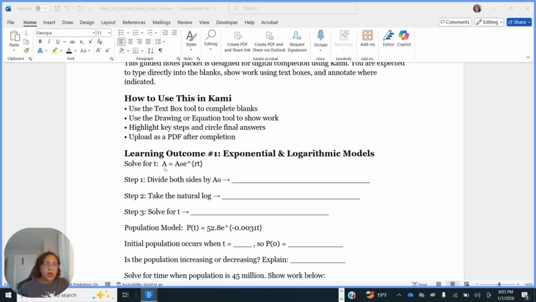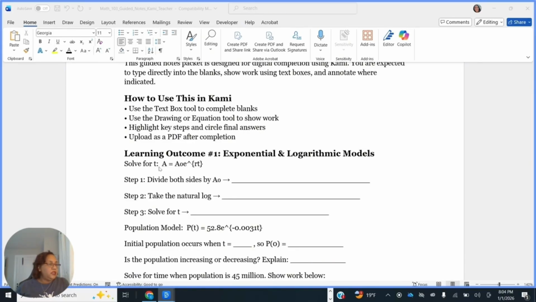With this exponential model, we're solving for the letter T. So you have to remember how you solve for the letter T. First up, with this exponential model, you'll always see the formula A equals A sub 0 e to the RT. Then you're going to divide both sides by whatever number A sub 0 is, to isolate the exponential.